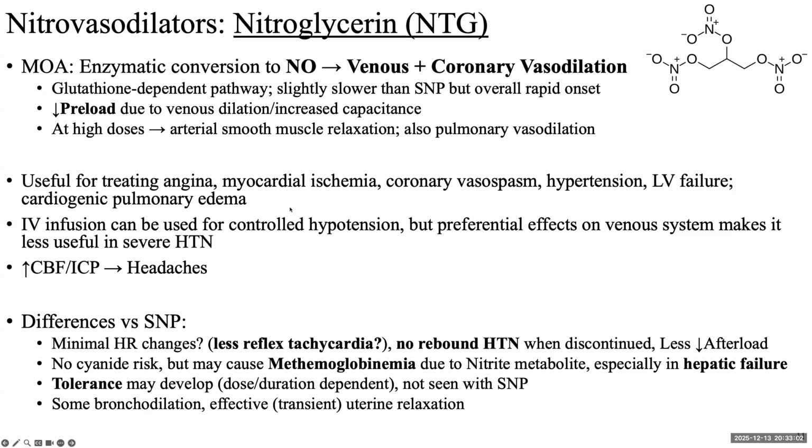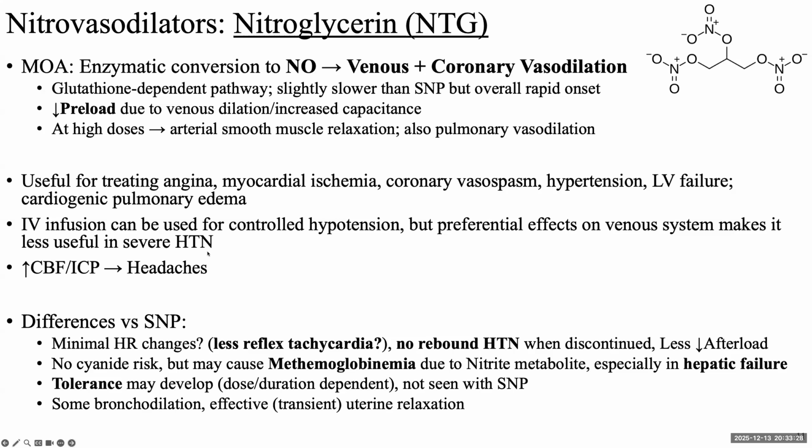The IV infusion can be used for controlled hypotension if that's something your surgeon is looking for. But because it's more preferential on the venous side, that makes it less useful in treating severe hypertension.